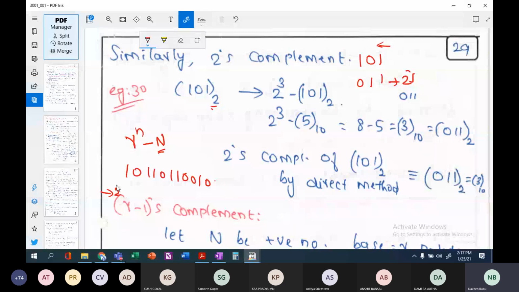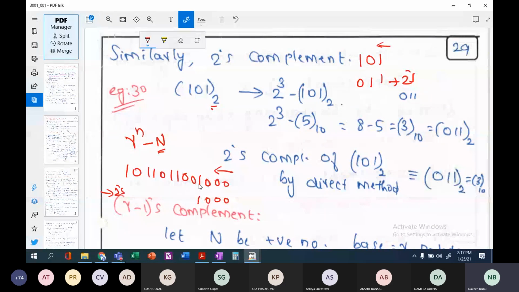Let me add 2 more zeros. Now you have to travel from this direction. Till you meet 1, copy the digits as it is. So I'm having 0 here, 0 here, 0 here, and I have met 1.